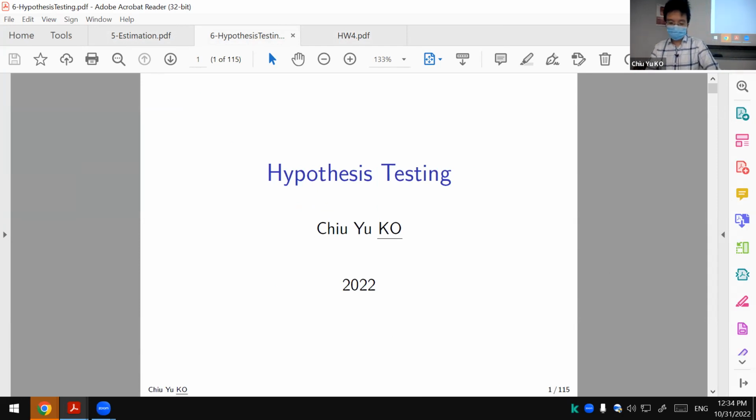The main idea of hypothesis testing follows from, or is very closely related to, the interval estimation we learned in the last topic. So before I start, let us very briefly review what we have done in interval estimation, the estimation part.